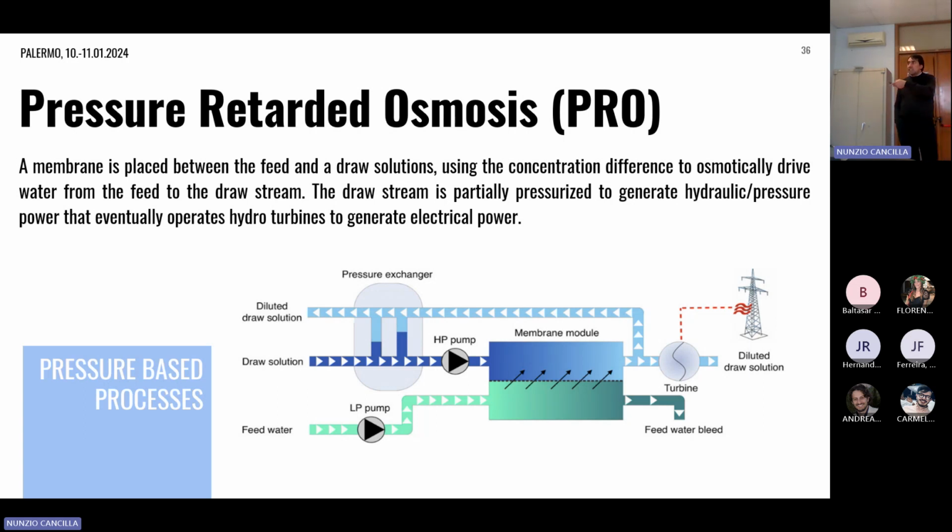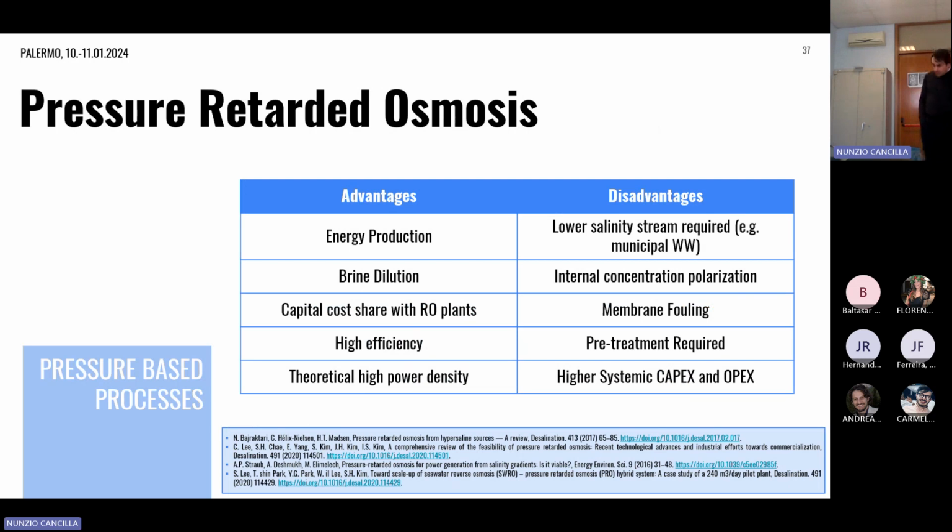Of course, this generates a chain which is more complex with respect to the intrinsic simplicity of reverse electrodialysis, and also different problems with respect to operation.